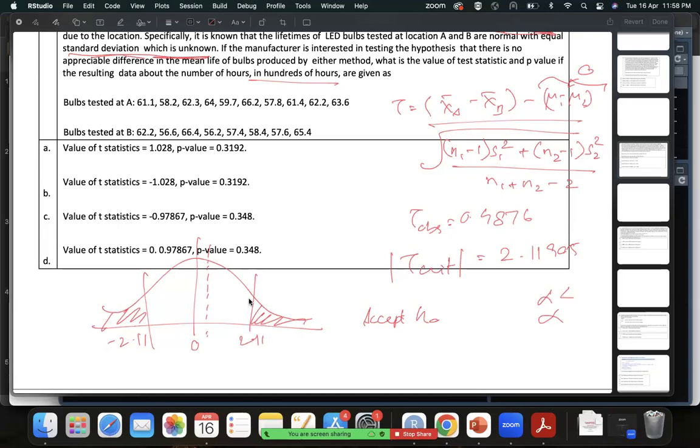If alpha is less than 0.05, reject H naught. If alpha is greater than 0.05, accept H naught. You can see that in all these cases, your P value is greater than 0.05. So we just need to calculate the value of the T statistic.